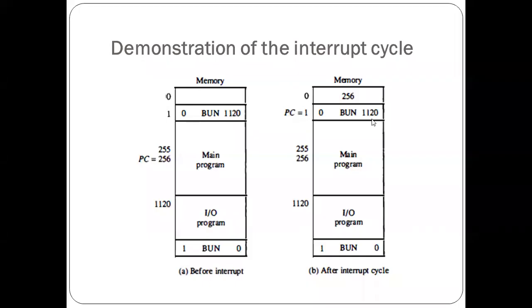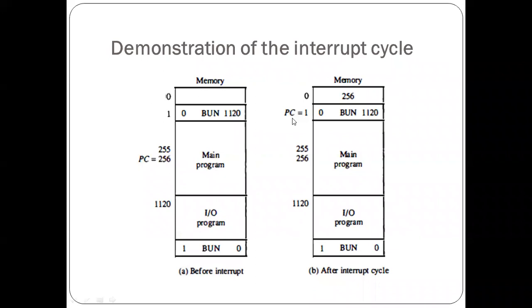After executing this, your control will come here and start executing. At the end of your interrupt service routine, you have your branch unconditional instruction, which helps my PC to reinitialize with 256 so that it can come back to the main program. This is the interrupt cycle.